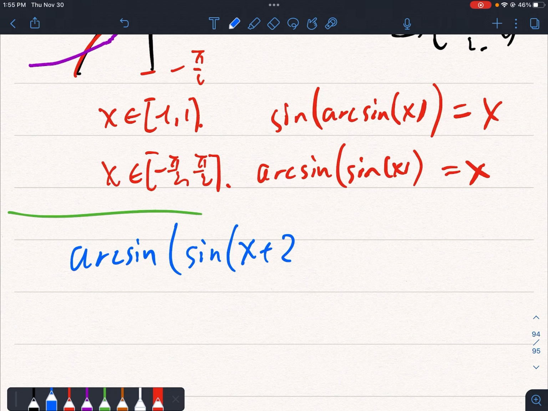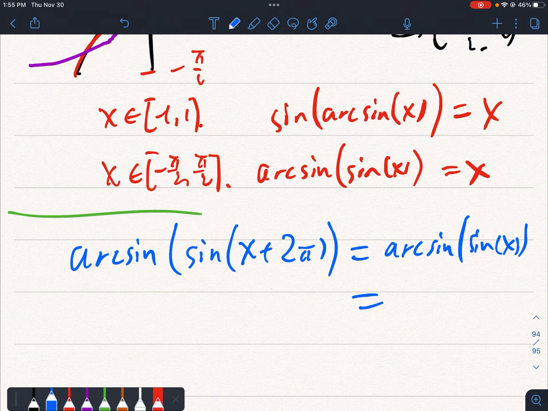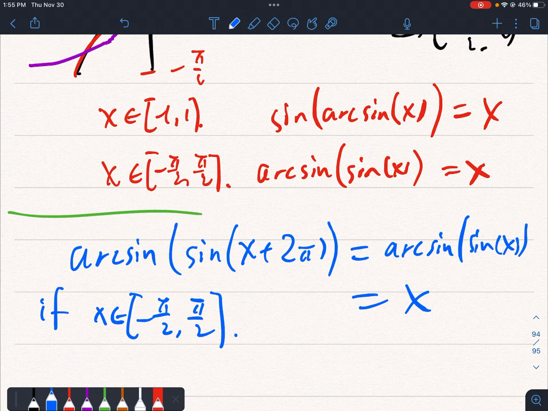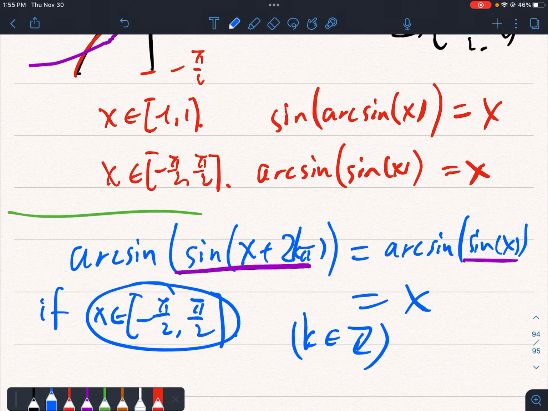But then you might be interested in what this will be like. So the first thing that we should know is that arcsine of sine of x plus 2 pi must be equal to arcsine of sine of x, which will give you x if x is in the interval minus pi over 2 to pi over 2, right? Why is that true? Because sine is periodic of period 2 pi.